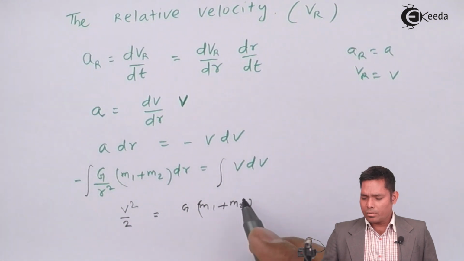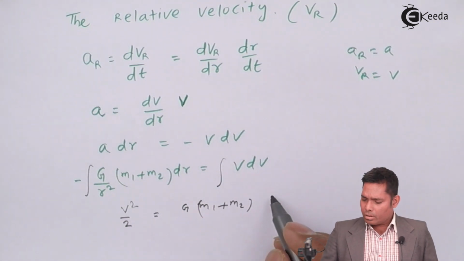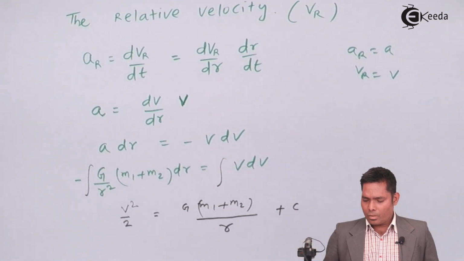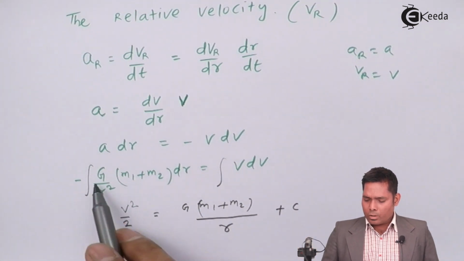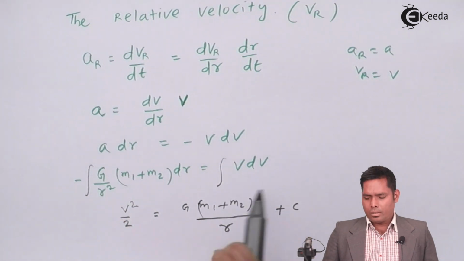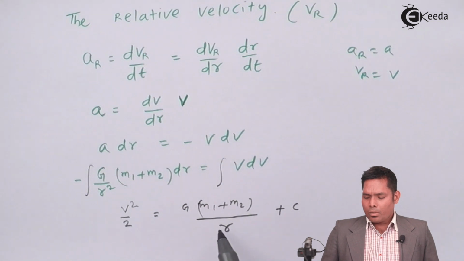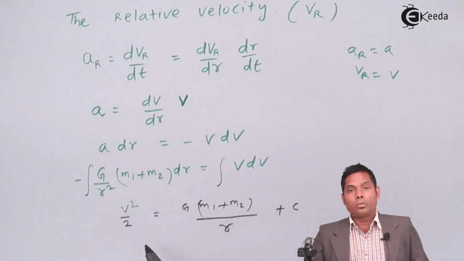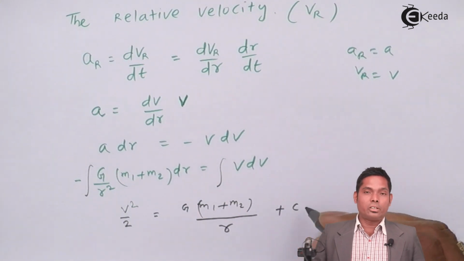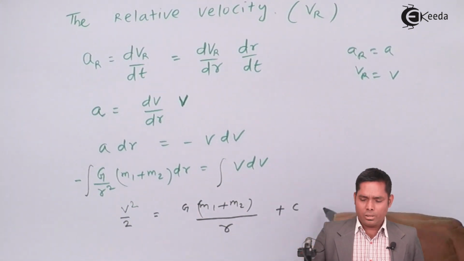The minus signs cancel, so it is 1 over r, plus some constant. This is the indefinite integration, but by putting in the boundary conditions, I'll get the value of c.